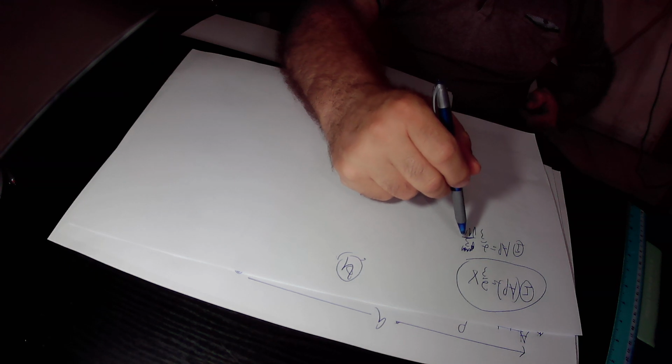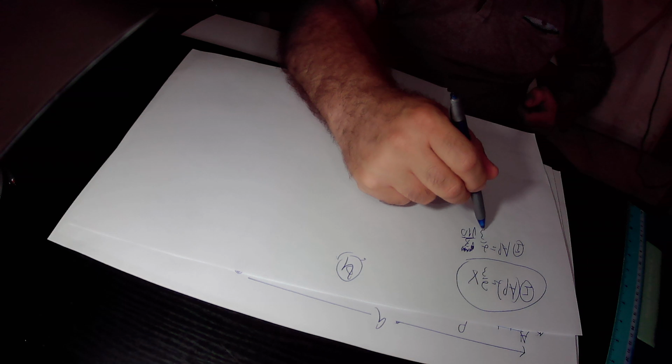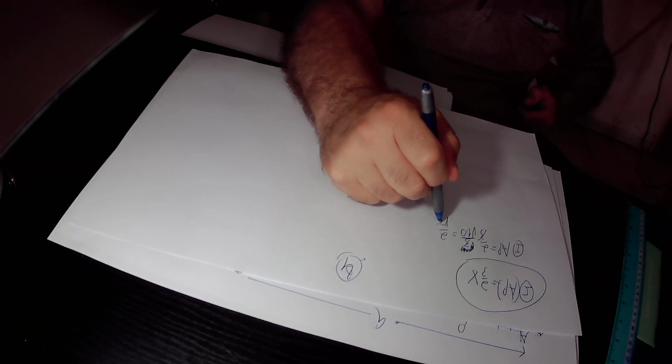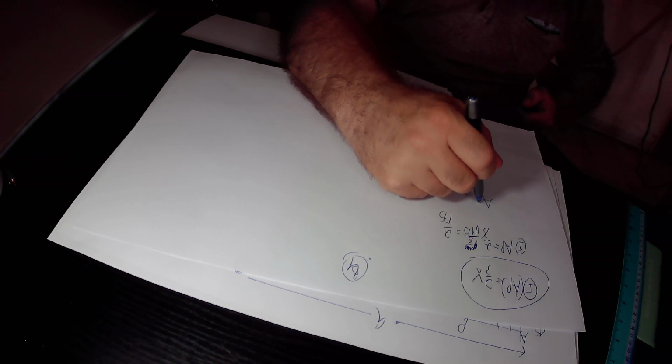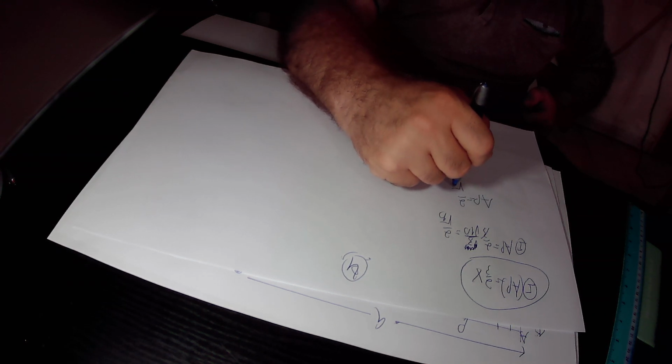So here we have 3 in the numerator and 3 in the denominator, so 3 get cancelled. Finally, you get that AP equals 2 over the square root of 10 units in its length.